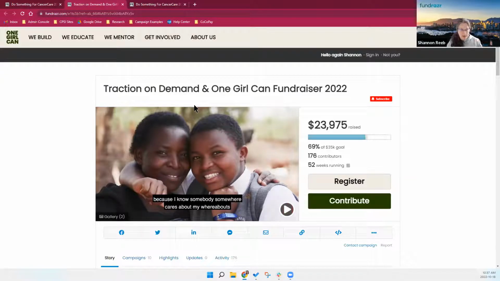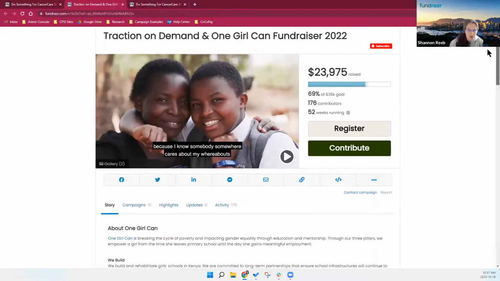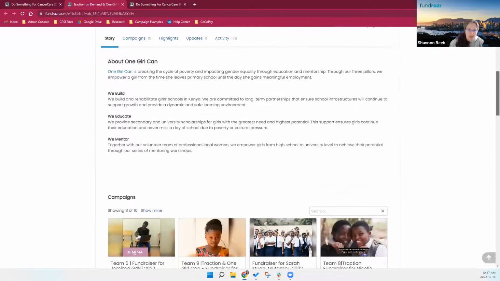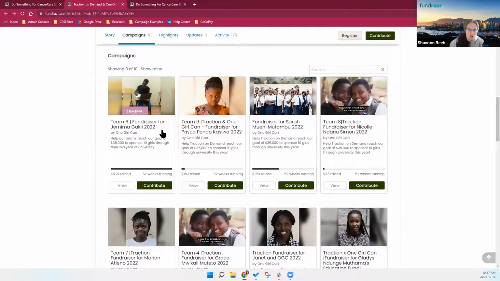Traction on Demand is an outside organization who wants their employees to raise funds for One Girl Can. So the employees can register as individuals or as teams of themselves for their own sub-campaign. And these sub-campaigns are essentially raising funds for one girl.